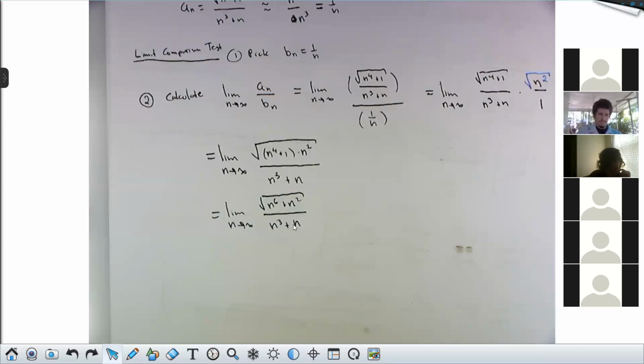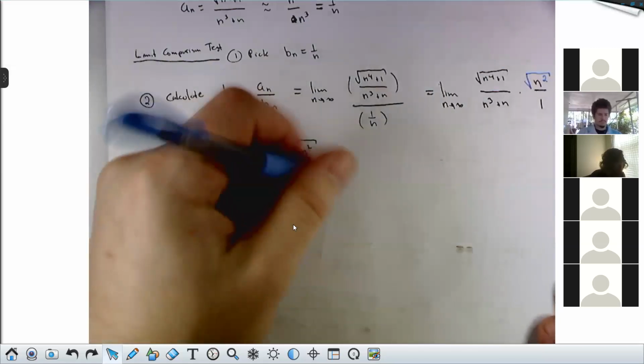Very good. Yeah, Matthew's got it. Renormalize. So I renormalize here, dividing top and bottom by n cubed.